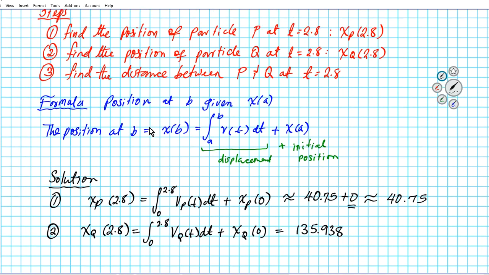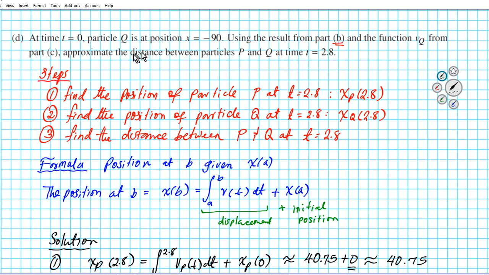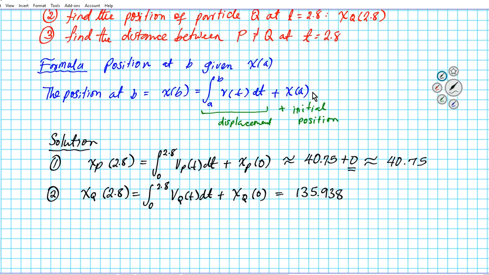This is a different function, so let's look at what it says. It says at t equals 0, particle Q was negative 90. So it was to the left of the origin, which is very important. So we have to put that here, minus 90. That will give us the correct position, which is 45.938.